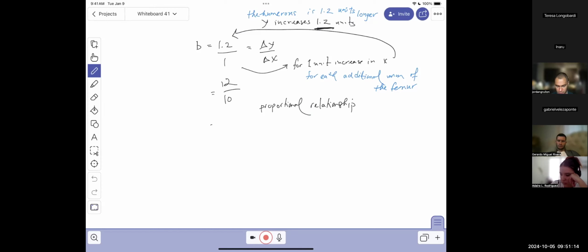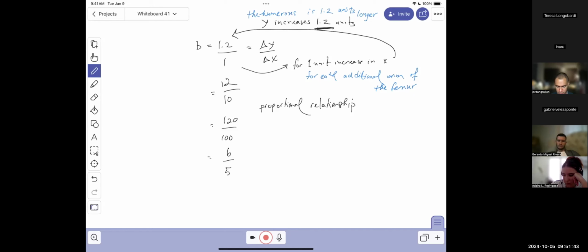Basically, if I had 100 longer, y would be 120. All right, I can even just do 5 longer, and then it's going to be what? 6, not 50. 50?